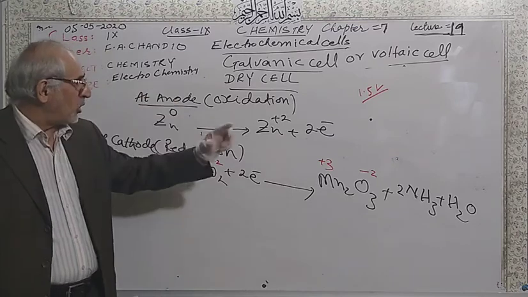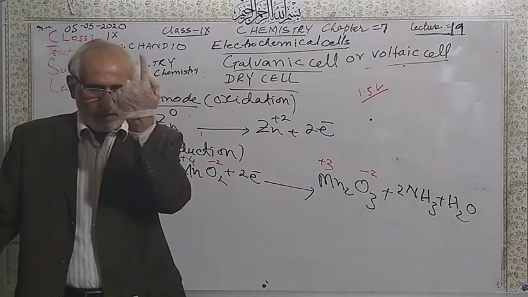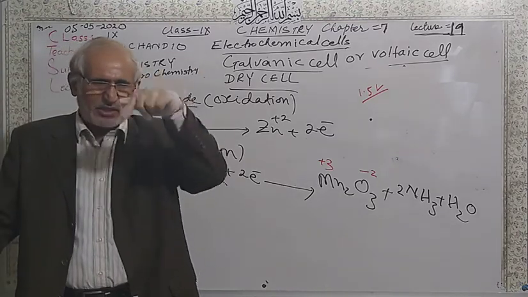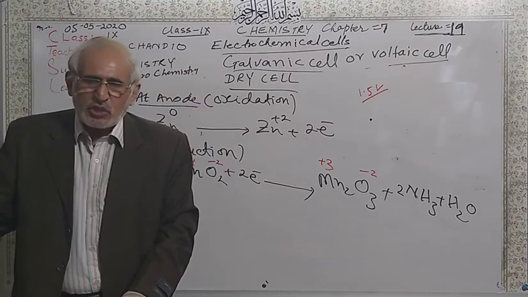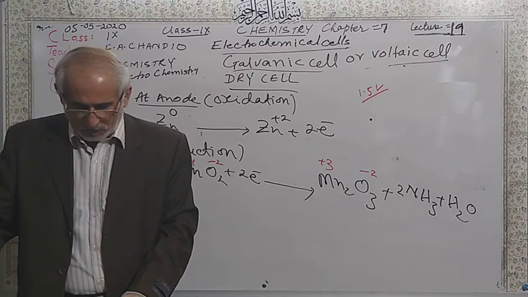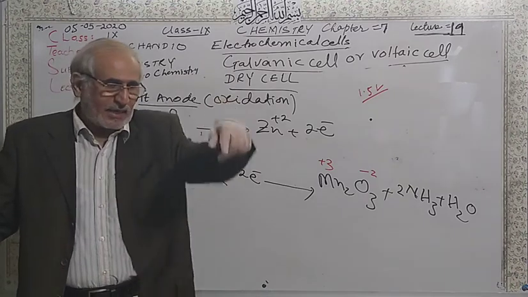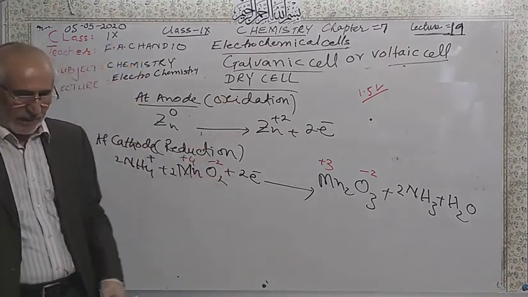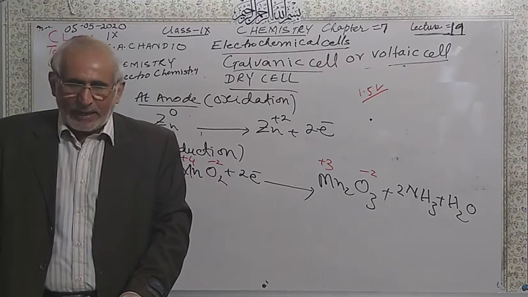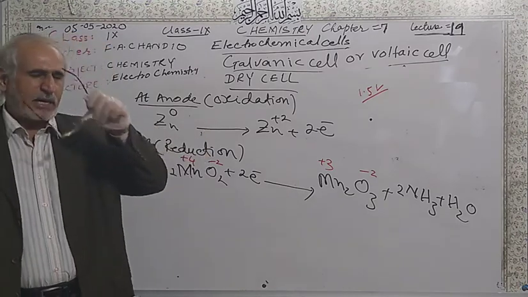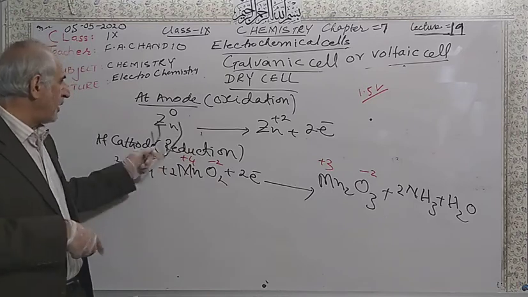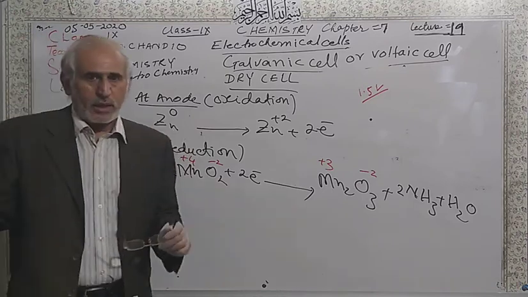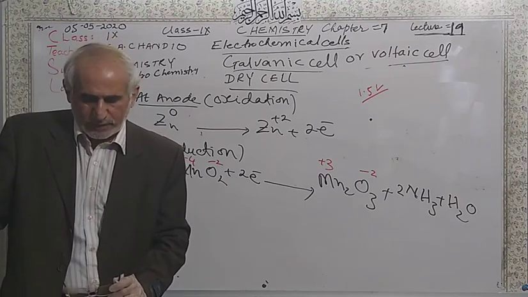On the top there is a carbon cap, and this material is plastic, maybe red, yellow, or sometimes blue, so there is an insulator on top. Then inside there is a carbon rod which is the cathode. And manganese dioxide paste with carbon charcoal is put around this carbon graphite.